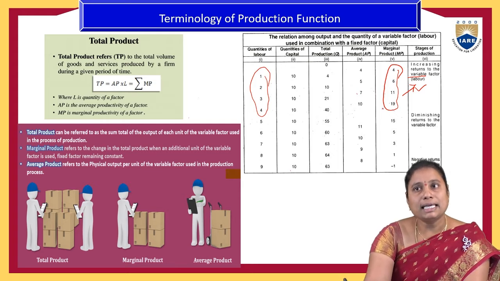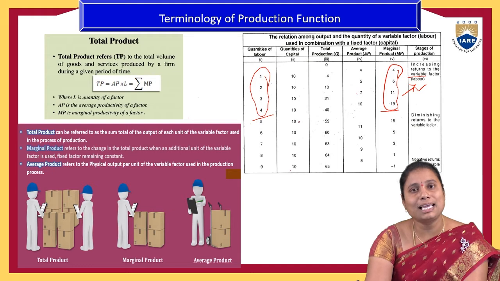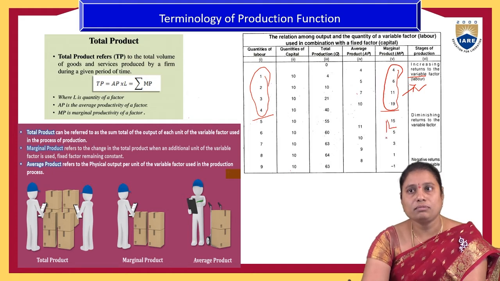Once we see the next stage, even if more labor is increasing with the same land and same capital, there is no need for that. If the number of people increases beyond the maximum capacity levels, there is a chance of reducing the marginal rate. So the marginal production rate might reduce.